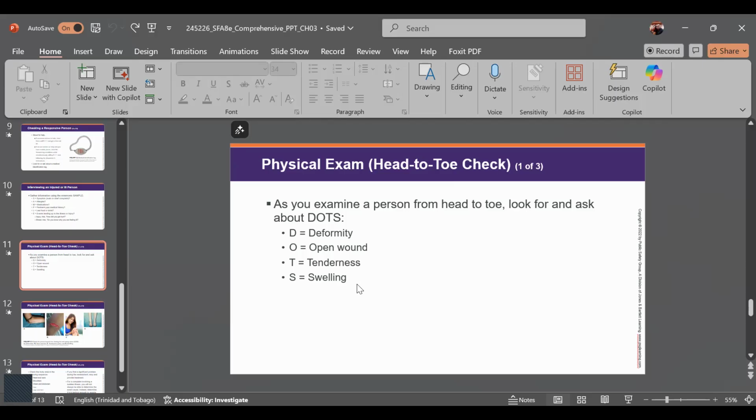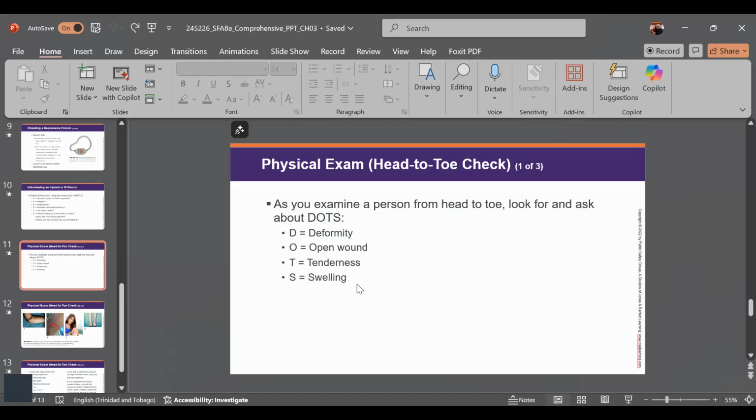Because realistically, I've been teaching these programs for almost 2 decades, maybe 2 decades if I go back and check the records from the first class I ever taught. And after I teach a first aid class, I can guarantee you 6 months down the road, if I ask somebody to tell me what DOTS is, they forget.